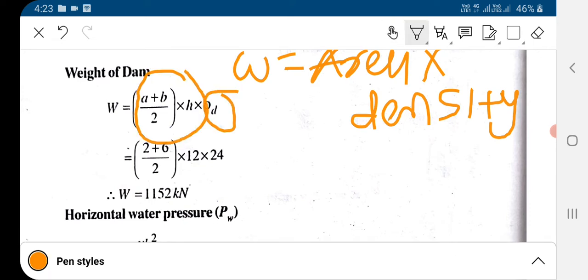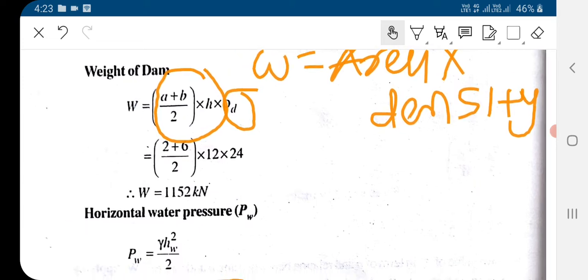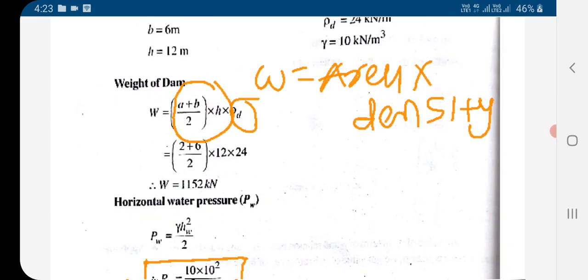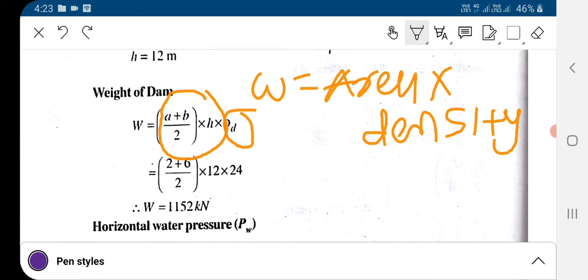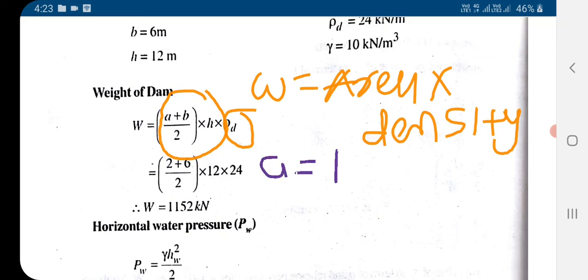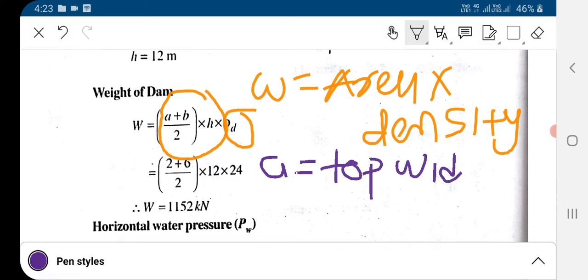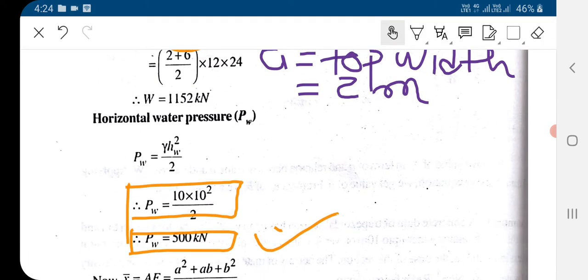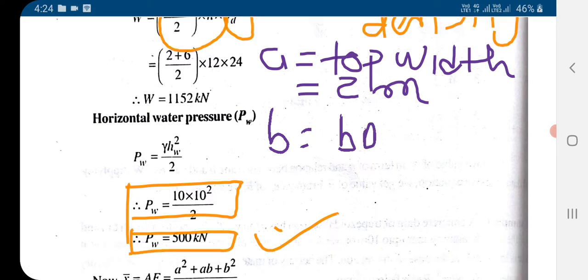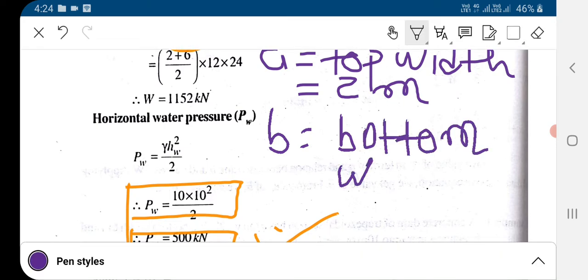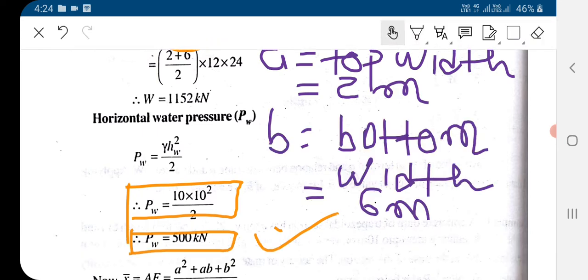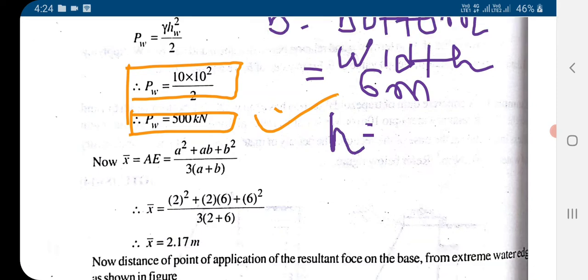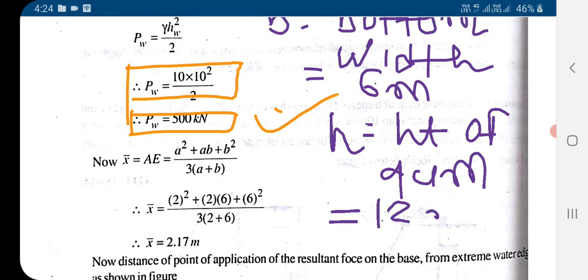So the top width A, that is 2 meter. B, that is bottom width, so it is 6 meter, and H, that is the height of dam, so it is 12 meter.